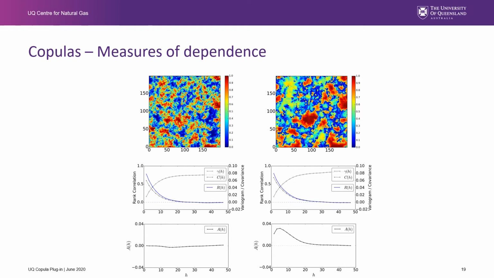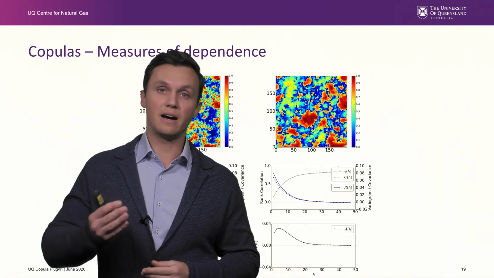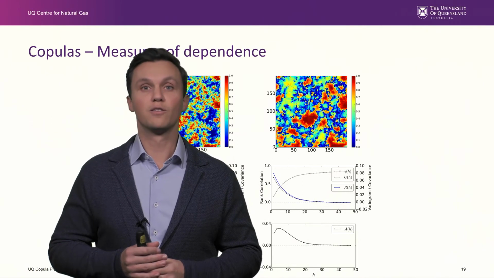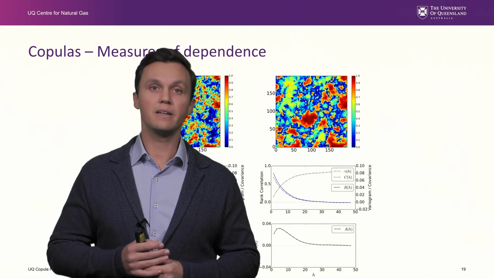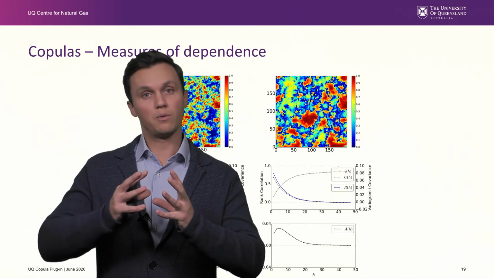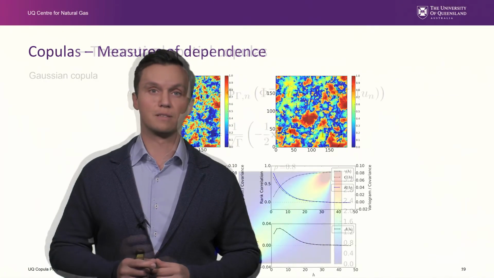On the right-hand side, we can see that we have a deviation from the 0 line in the asymmetry function, so we have a high positive asymmetry for separation distances up to approximately 25, indicating that we have those big blobs of high values in the field.